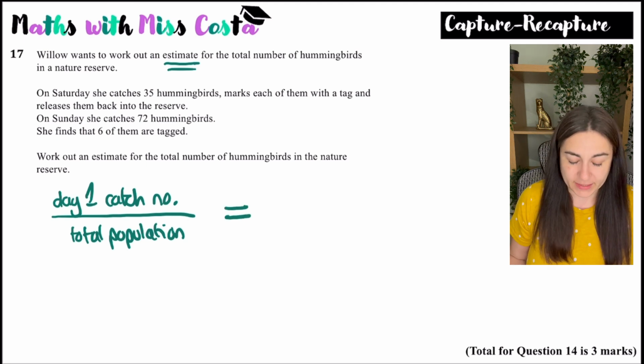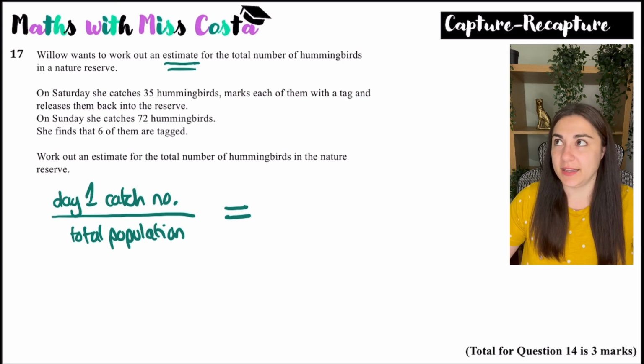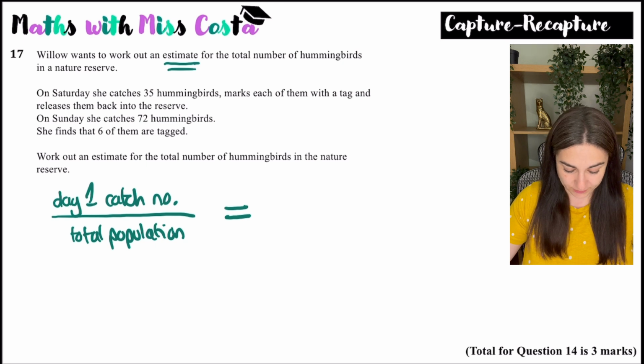So basically with capture recapture, you capture a certain amount of, in this case, hummingbirds.